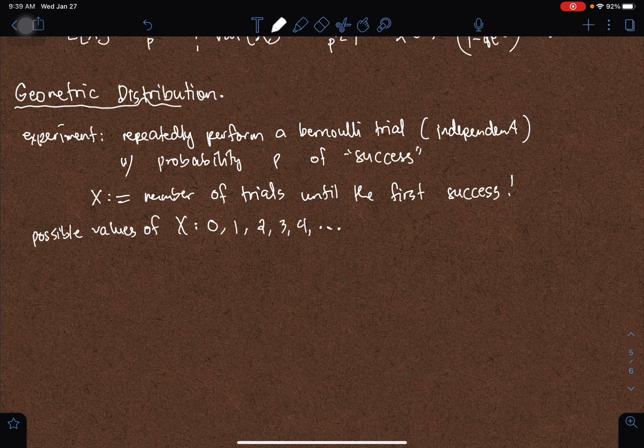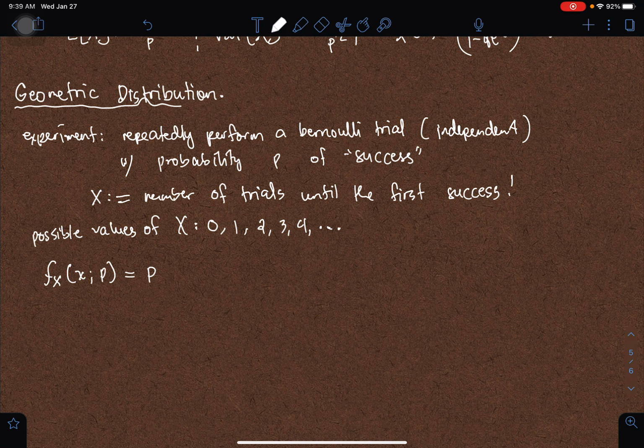So what is now the probability density function or probability mass function of X? The probability mass function of X depends on the parameter p, where p is the probability of observing a successful outcome. Since X is the number of trials until the first success, we have only observed one successful experiment.